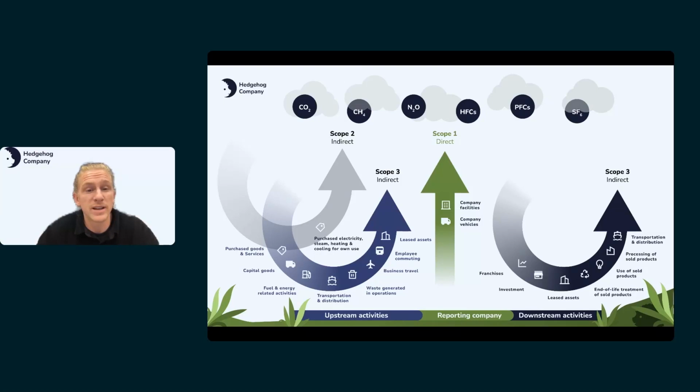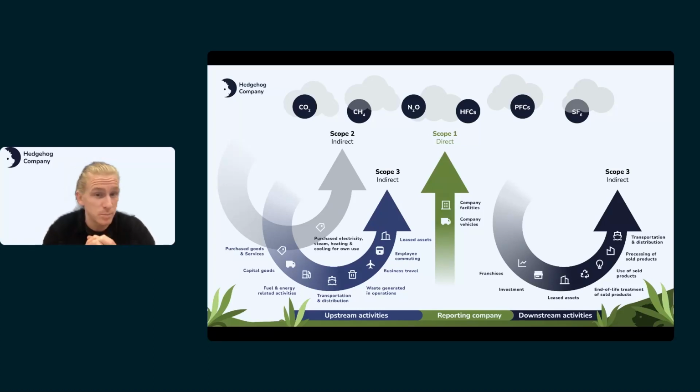Finally, we have both upstream activities and downstream activities, scope 3, indirect use of energy, and also indirect emissions. And this is basically everything in the supply chain or value chain of your organization. Just to name some examples, we have purchased goods and services.